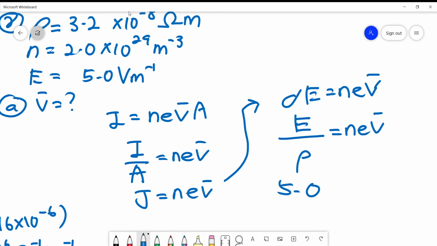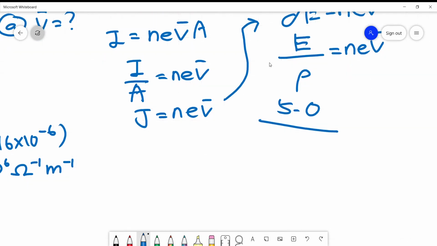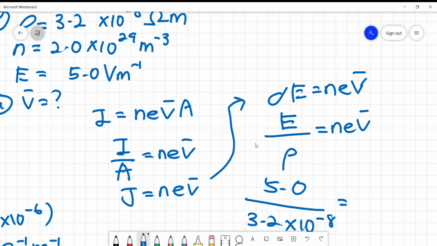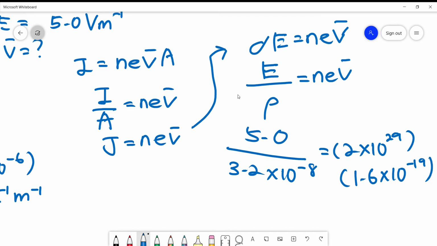So this is E, the resistivity given is 3.2 times 10 to the power of negative 8, the electron density is 2 times 10 to the power of 29, the electron charge is 1.6 times 10 to the power negative 19, and this is v.